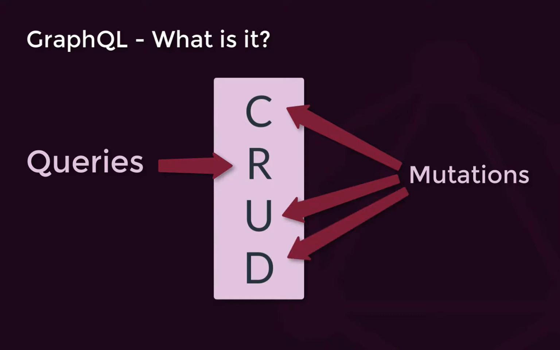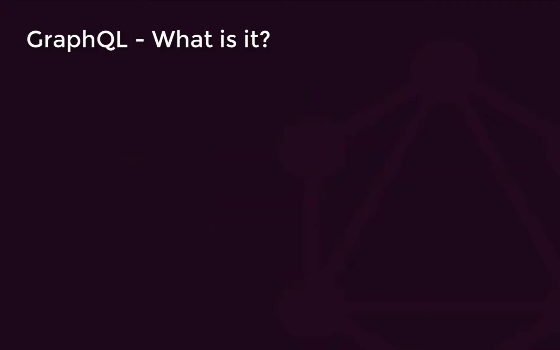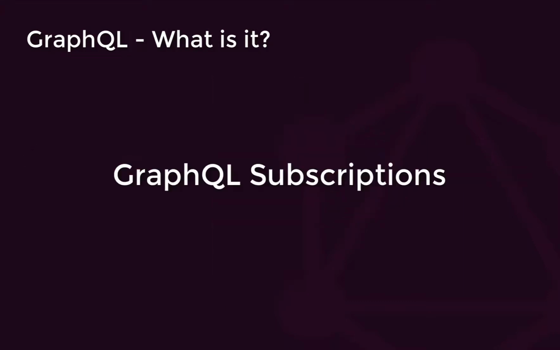There's one more kind of request that can be made to GraphQL servers. They're called subscriptions. We won't go into much detail here except to say that subscriptions allow a client to subscribe to a GraphQL server for specific conditions. When the condition is met, a message will be generated on the server side and sent to the client.